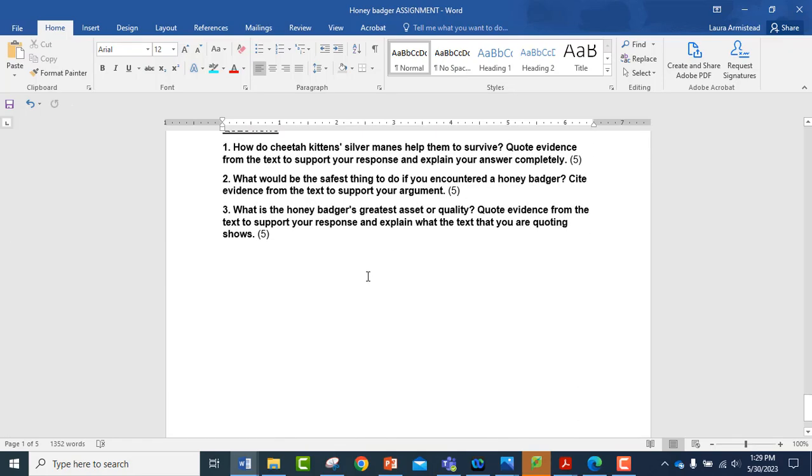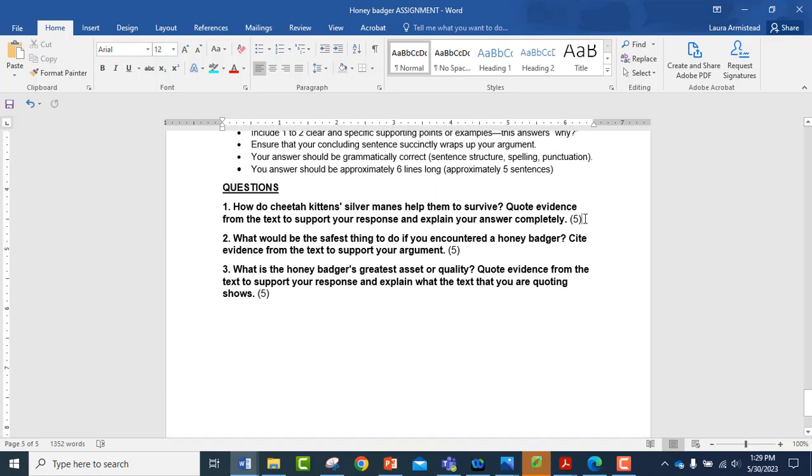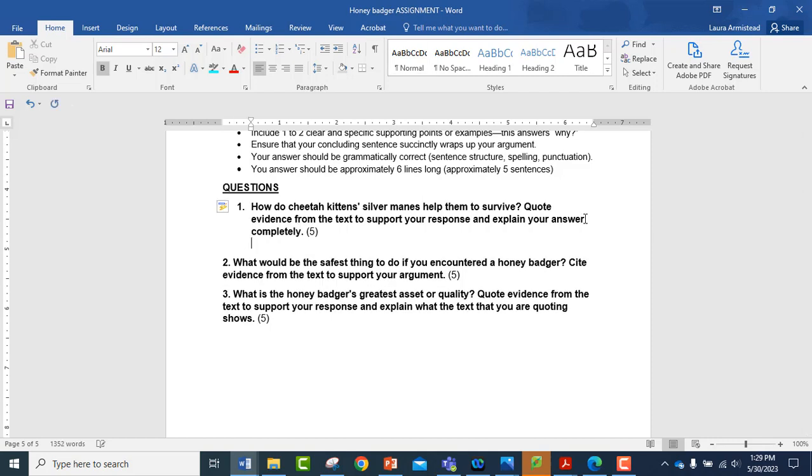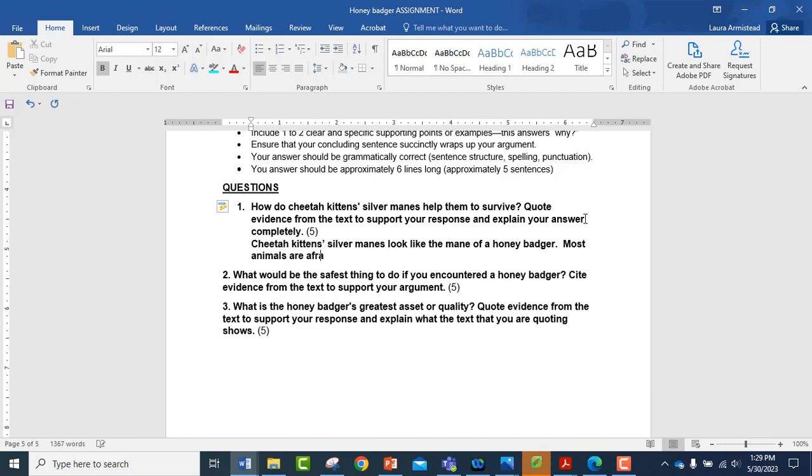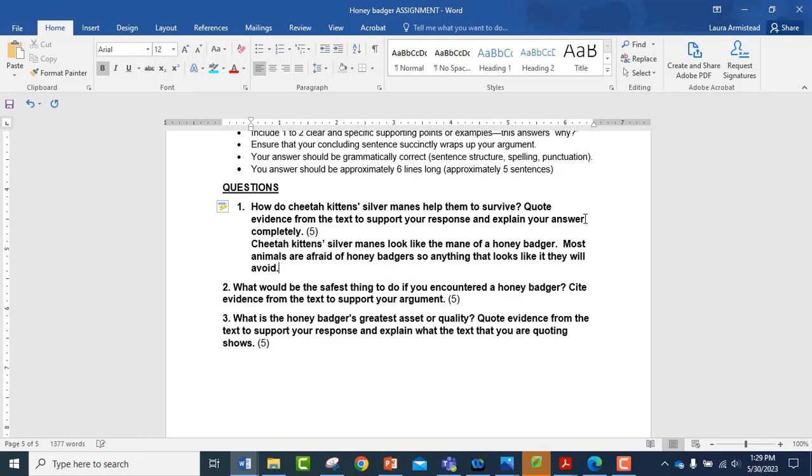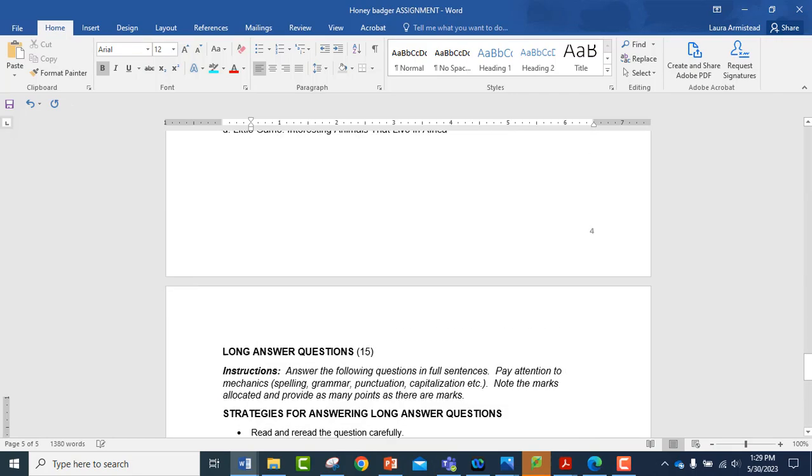So I could say, cheetah kittens' silver manes look like the mane of a honey badger. Most animals are afraid of honey badgers, so anything that looks like it, they will avoid. And then we have to quote evidence from the text.